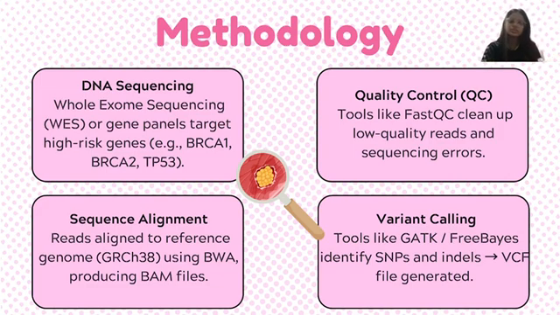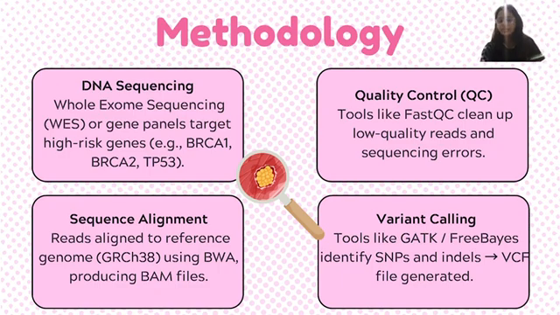Next is quality control, where tools like FastQC filter out low quality data and correct sequencing errors to avoid downstream bias. Then, sequence alignment is performed using tools like BWA, which maps the clean reads to a reference genome such as GRCh38, generating BAM files that show how the DNA sequences align.